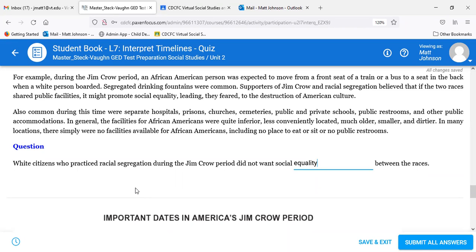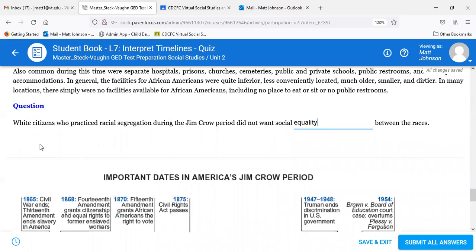So they would say stuff like, well, you have to be literate to vote, or there would be a poll tax. You can imagine going to vote today and they're like, oh, it'll be $100. They would put all these obstacles in the way to prevent the African American voter from showing up at the polls. So anyway, yeah. So 4 is equality.